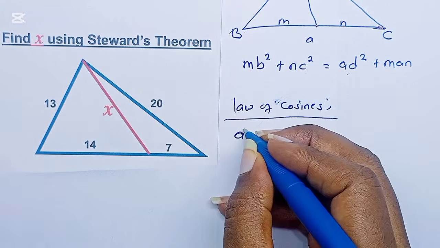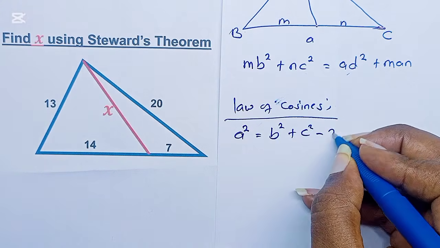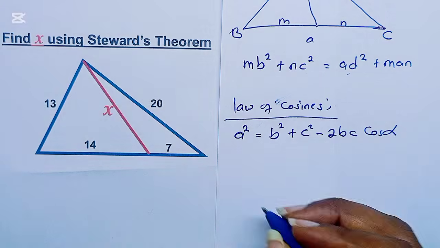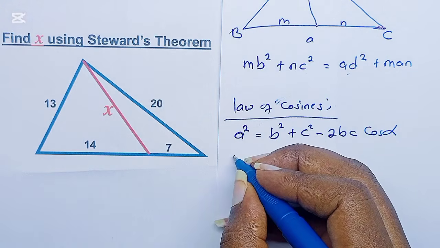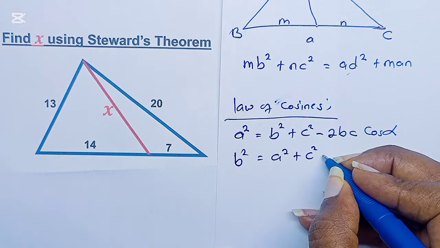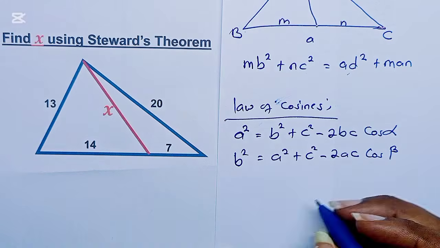which is a squared is equal to b squared plus c squared minus 2bc cos alpha. Then b squared is equal to a squared plus c squared minus 2ac cos beta.